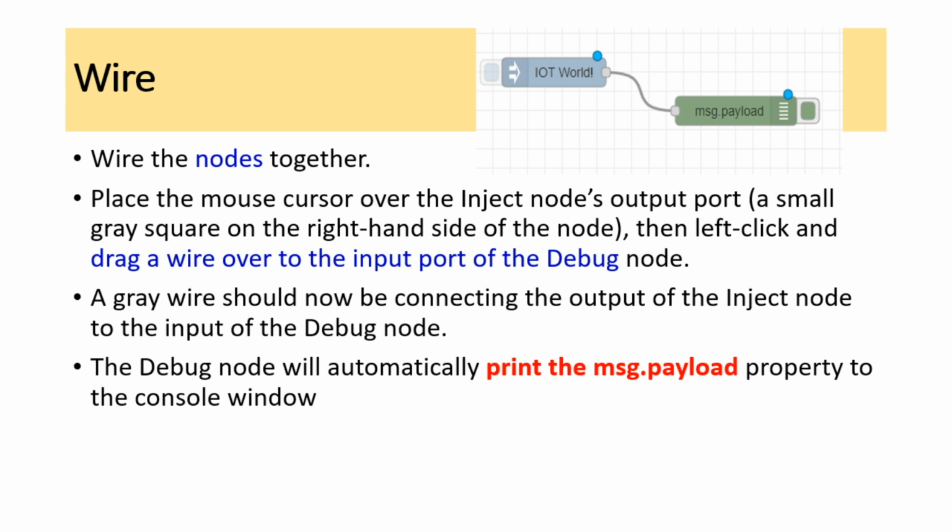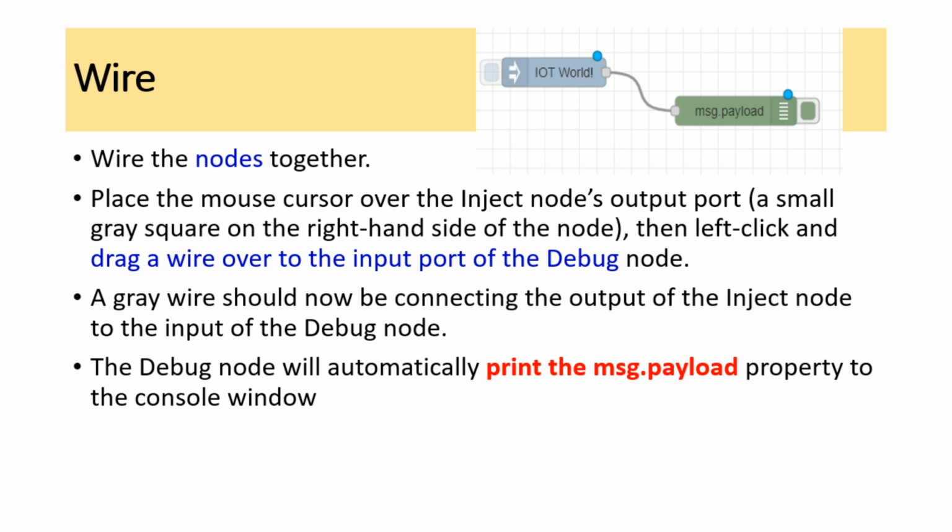Once the inject node and the debug node are ready, you can wire them. We need to connect these two through a wire. Click the output of the inject node and drag it to the input of your debug node.